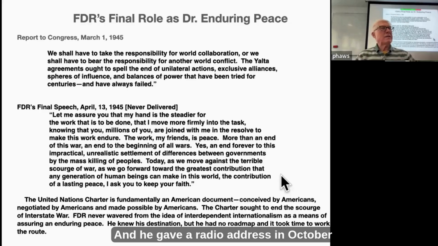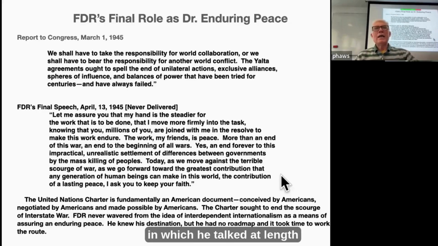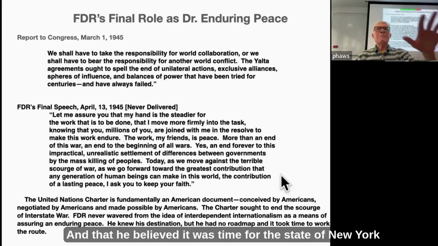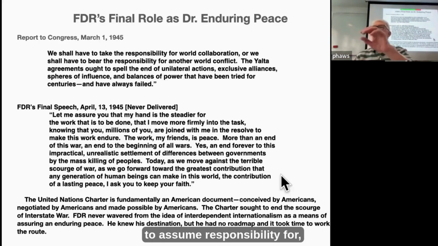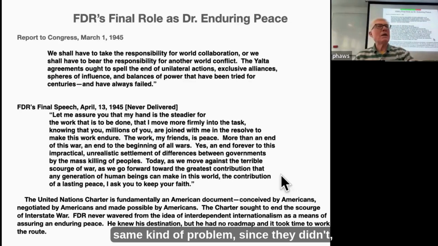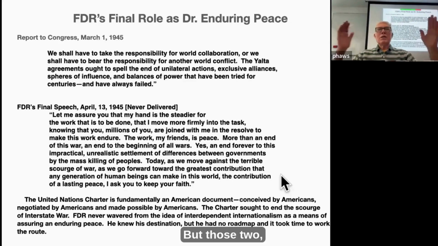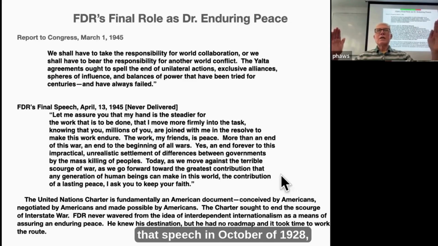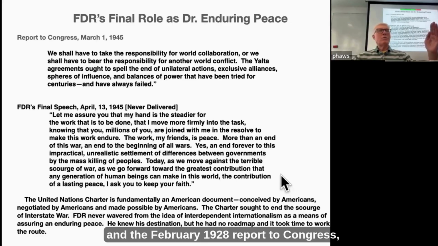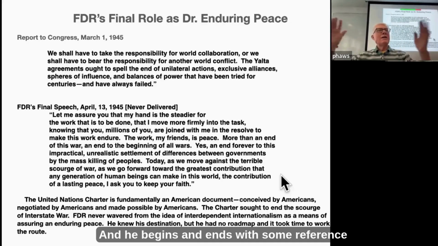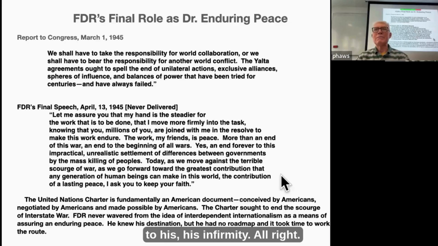And he gave a radio address in which he talked at length about the advantages he had in trying to overcome the problems of polio, and that he believed it was time for the state of New York to assume responsibility for helping all of those who'd faced this same kind of problem, since not everybody had the access to resources he had. But that speech in October of 1928 and the March 1945 report to Congress bookend his public career. He begins and ends with some reference to his infirmity.